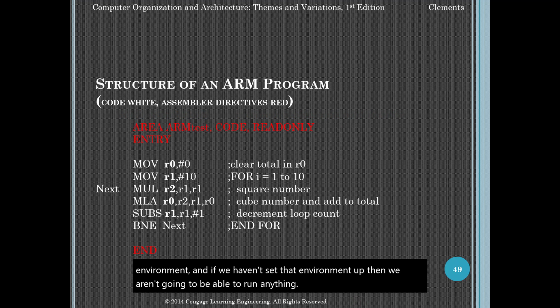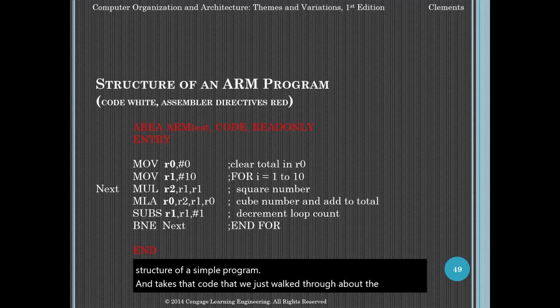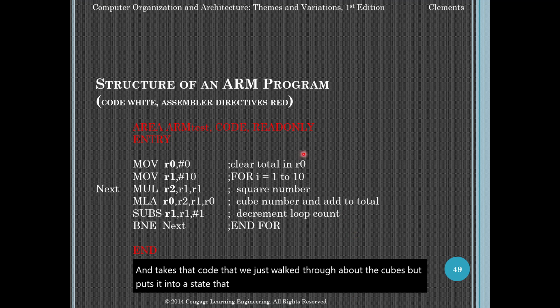So here is what that structure looks like. When we begin with a program that's going to be executed on an ARM computer or a PC with an ARM cross-developed system, this fragment of code demonstrates the structure of a simple program. It takes the code that we just walked through about the cubes, but puts it into a state that will actually run. We can see these added areas here in red.